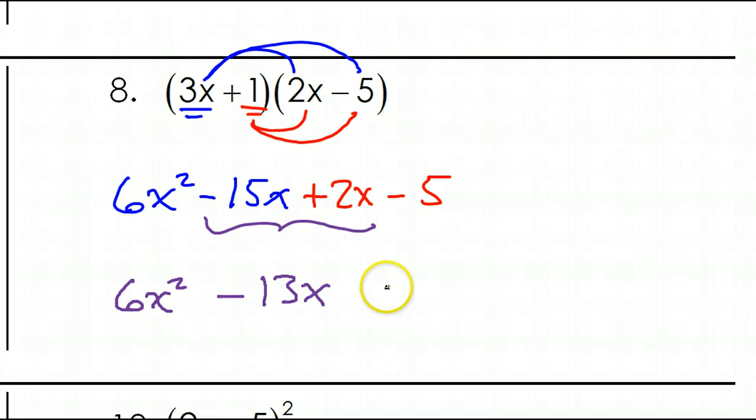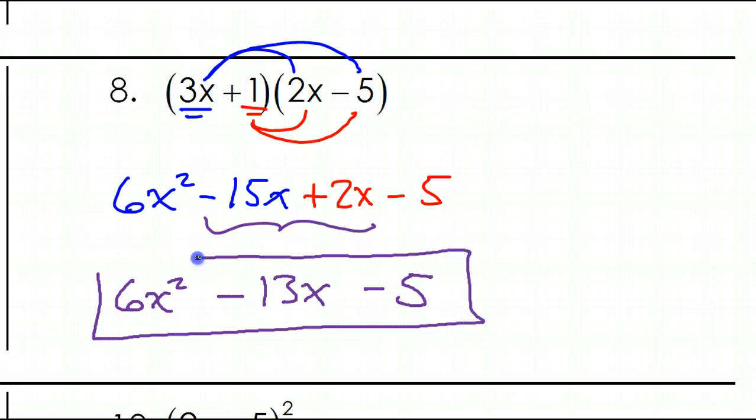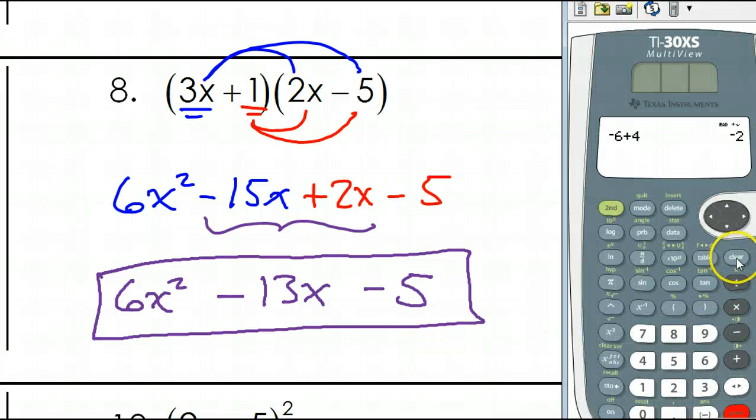So that makes negative 13x. And then we'll just bring down the minus 5. Okay, if you don't understand where the negative 13 is coming from, use a calculator. Negative 15 plus 2. That's negative 13.